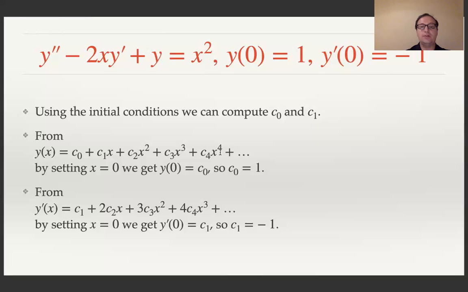So since y of 0 is 1, we get that c0 is 1. And in the same manner, we try to take advantage of the condition y prime of 0 is minus 1.